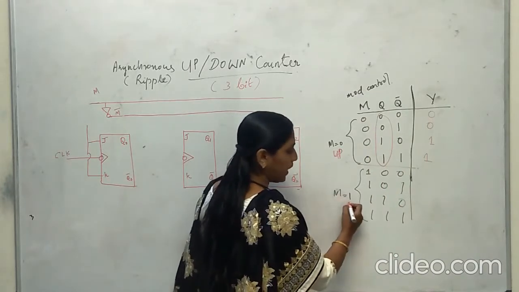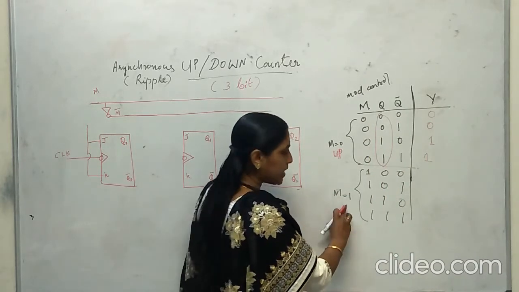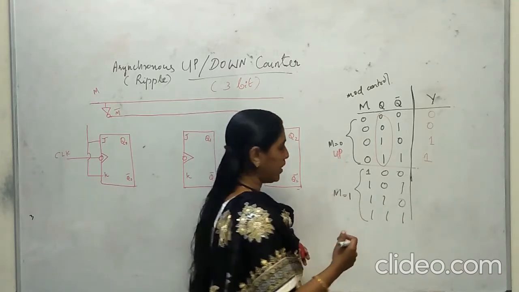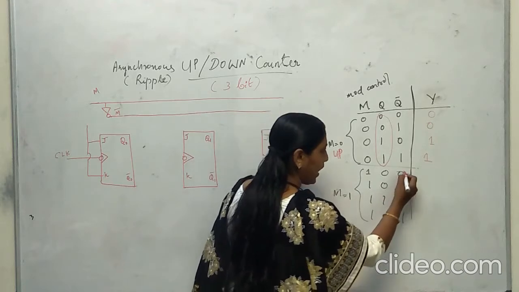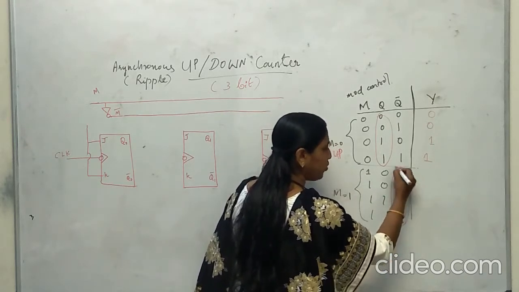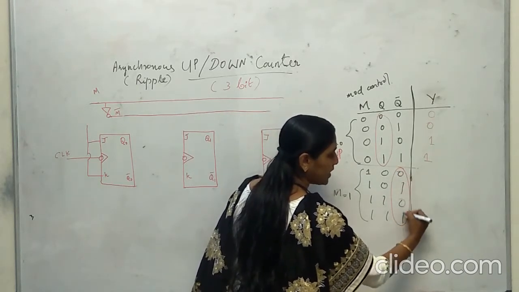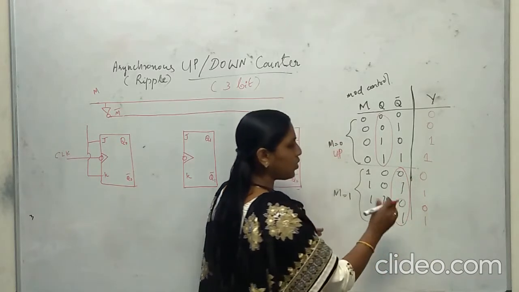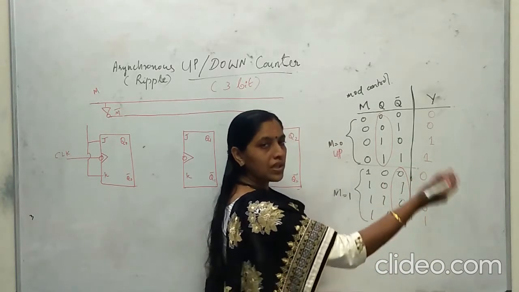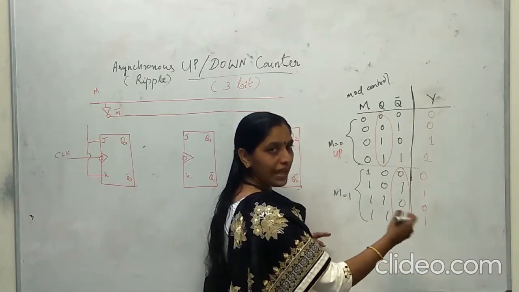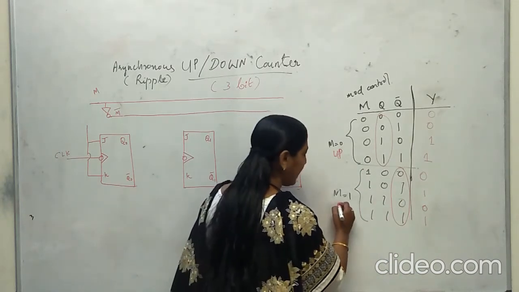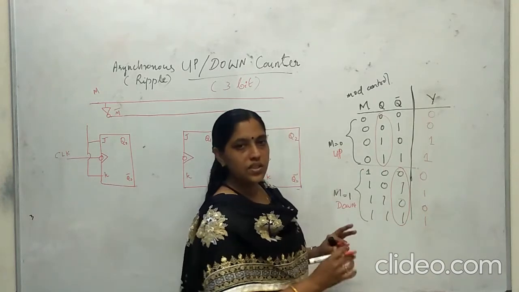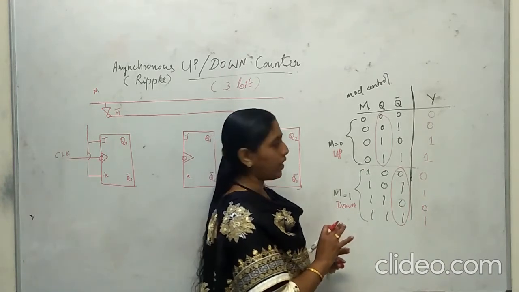Then what happens when M is equal to 1? When M is equal to 1, I have to connect Q bar to the clock of the next flip-flop. Q bar is 0 1 0 1. If you are connecting Q bar to the next flip-flop as a clock, then it will behave like a down counter. So this is what we are going to solve now.